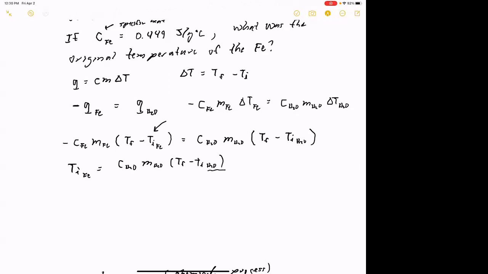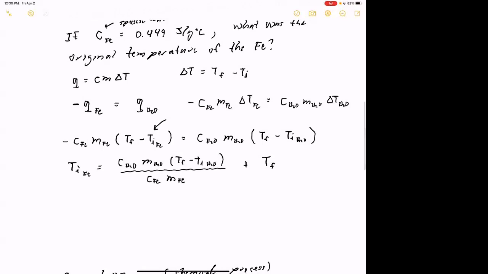All of that divided by the specific heat of the iron, or I should say the heat capacity. There's really two ways to define C. Sometimes I call it specific heat, sometimes I call it a heat capacity. They're basically the same thing, so sometimes I slip and use those two terms interchangeably. I'll try to say specific heat because that's what the book uses. And the mass of the iron. And then you end up having to add to that the T final.